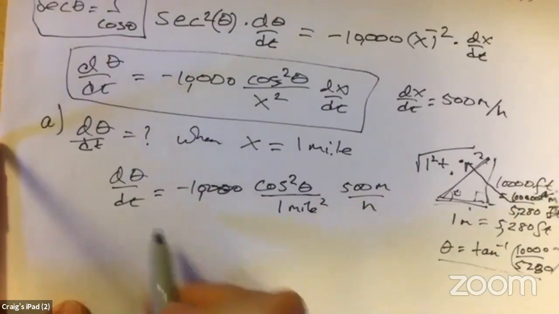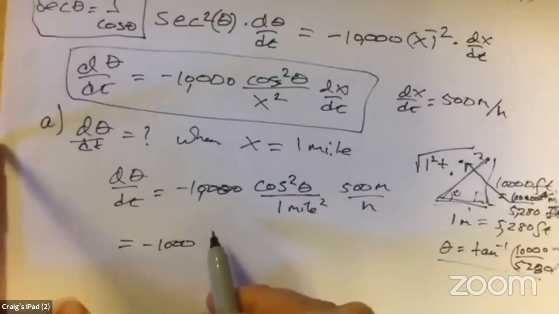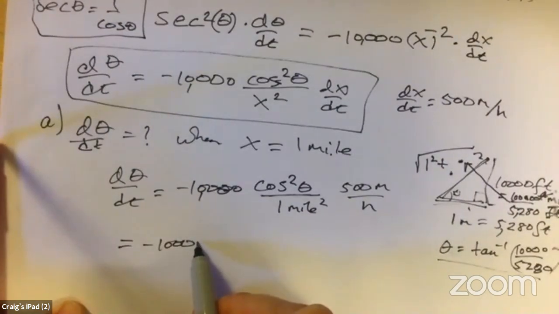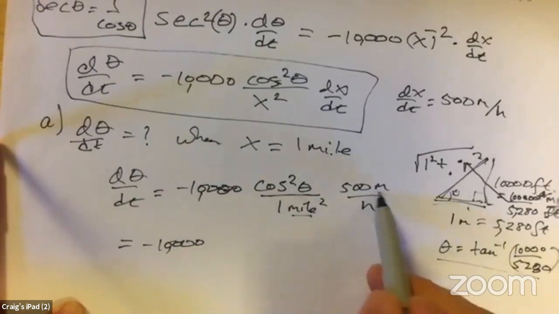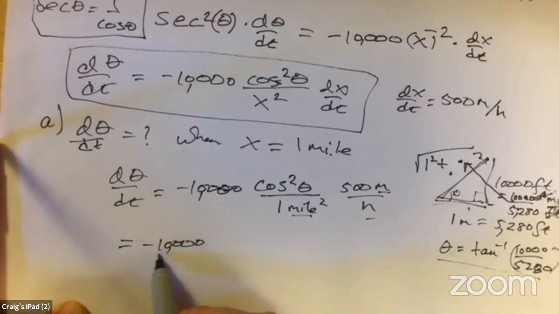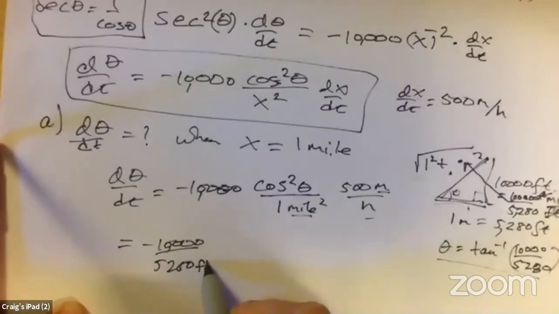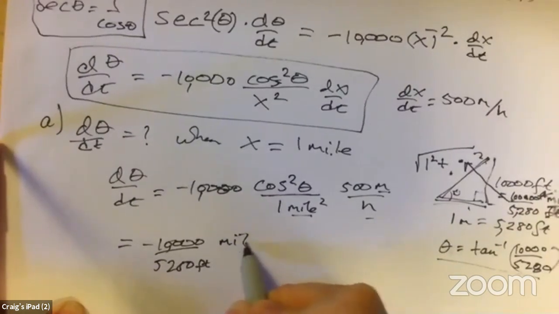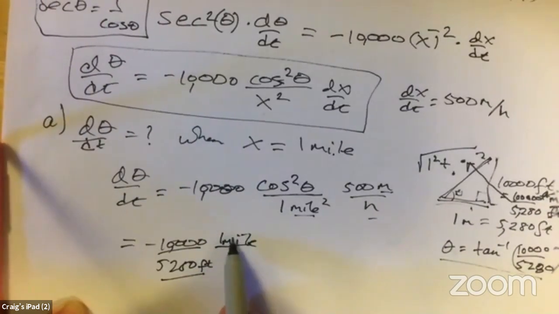So the cosine squared of theta, just to finish this off a little bit. Oh, and I have minus 10,000, which I'm not happy about. We have it in miles and miles per hour. So I need to change the 10,000 to miles, minus 10,000 feet. So I divide by 5,280 feet per mile. 1 mile per 5,280 feet is just 1.